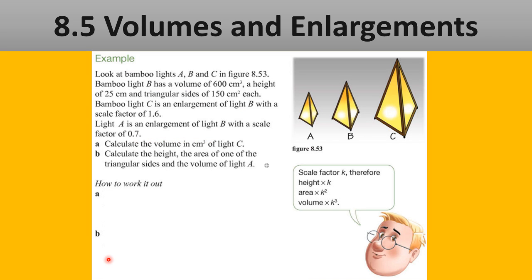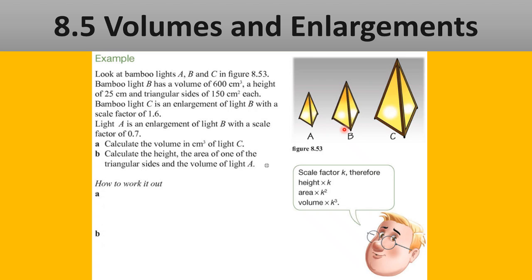Let's take a look. Look at the bamboo lights A, B and C. Bamboo light B, this one, has a volume of 600 cubic centimeters, a height of 25 centimeters, and triangular sides of 150 square centimeters each.